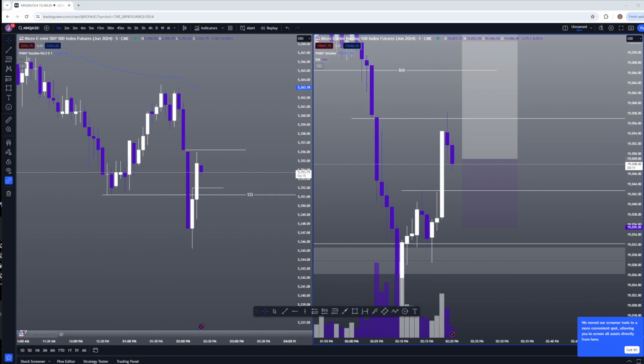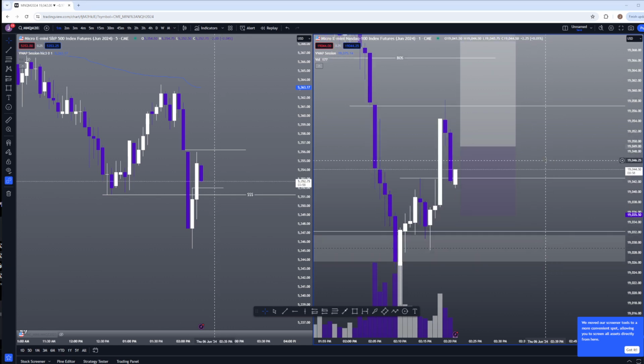Got to see a reaction off this 1 minute here. I'm not going to look too long on an aggressive bearish candle. So then we just displaced that 1 minute there.